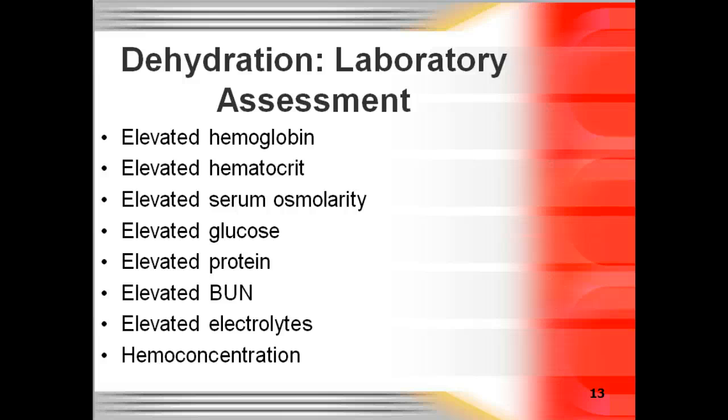If they have an elevated hemoglobin, elevated hematocrit, elevated serum osmolarity, elevated glucose, elevated protein, elevated BUN, and even the basic electrolytes may tend to be elevated, and then they will have hemoconcentration. That is the reason why: because everything is so much more concentrated, the levels are higher.